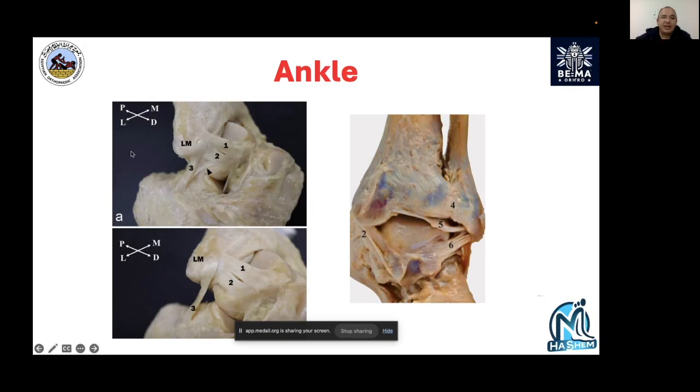So basically, the ATFL and PTFL you stress with an anterior drawer, one in plantar flexion, which is the anterior talofibular, and one in dorsiflexion, which is the posterior talofibular. But the calcaneofibular, you put the foot in neutral and stress it in varus inversion.